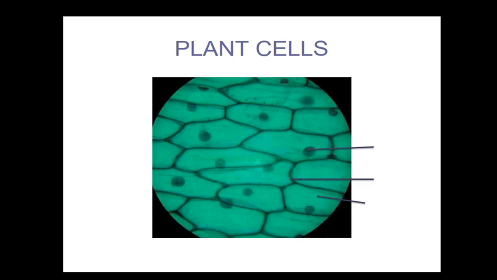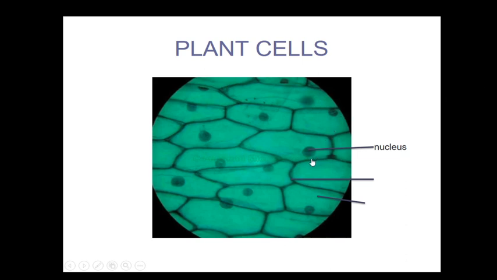But there's a couple of other features as well. We're going to start with the first label. So I want you to take your ruler and your pen, and I want you to label the following 3 labels. So the first one is touching that dark circle. Any guesses what that might be? If you said nucleus, well done.